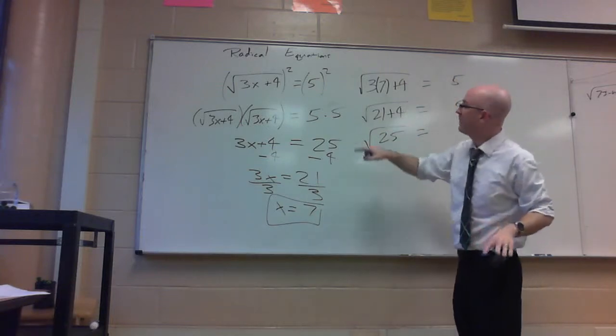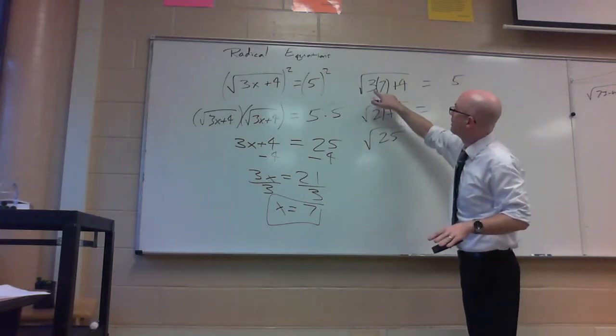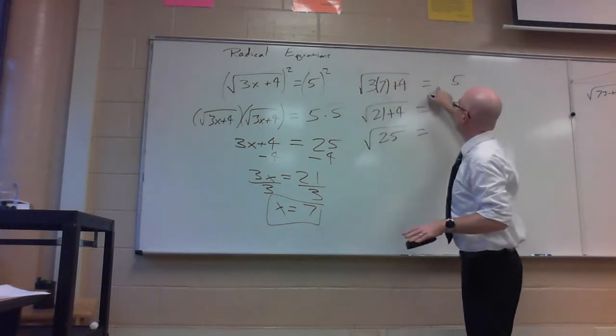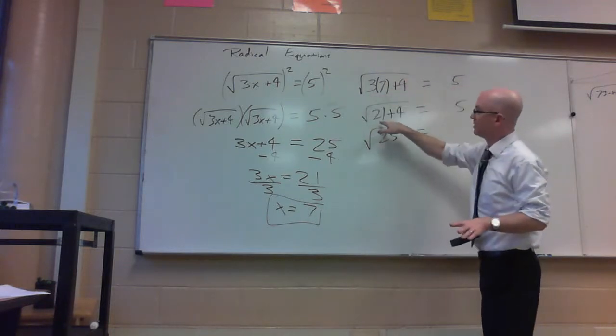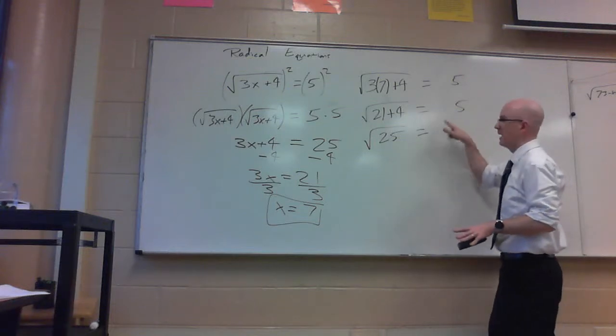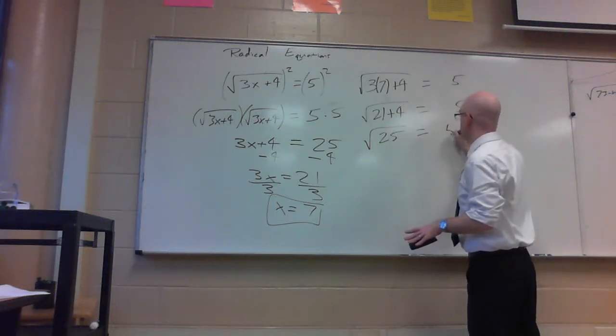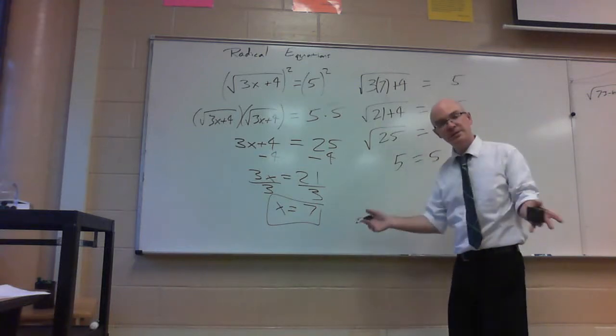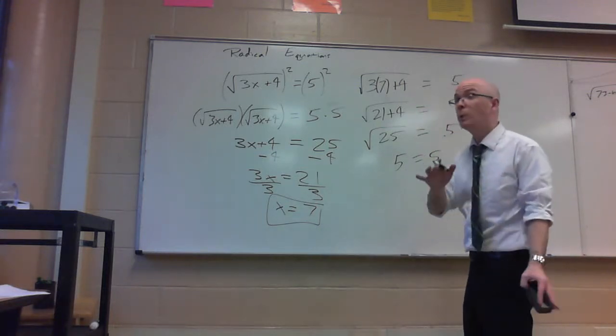My apologies. The square root of the quantity 3 times 7 plus 4 should be equal to 5. Simplify, still equal to 5. The square root of 25 is equal to 5. Is 5 equal to 5? Yes, it is. There's nothing weird going on.